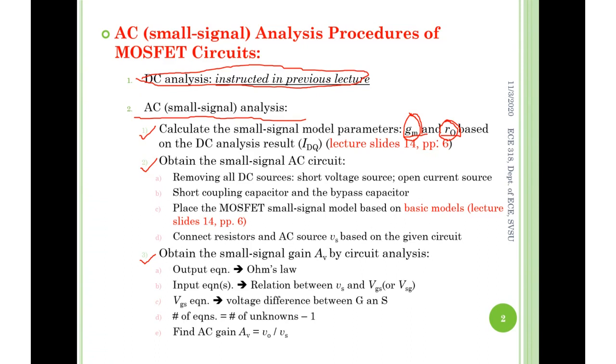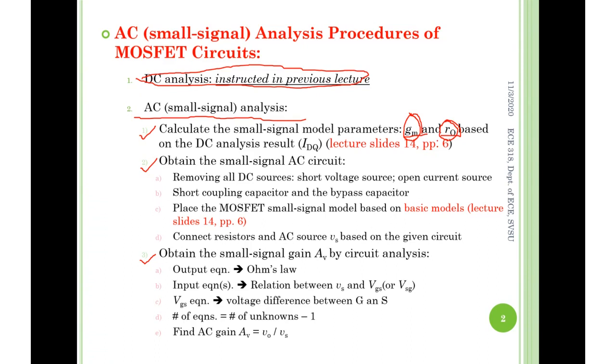However, I agree with Daniel more, because his definition is actually more meaningful. In other words, this output r0 is always between the drain and the source, no matter what. It has nothing to do with where the ground is, nothing to do with where the output is.